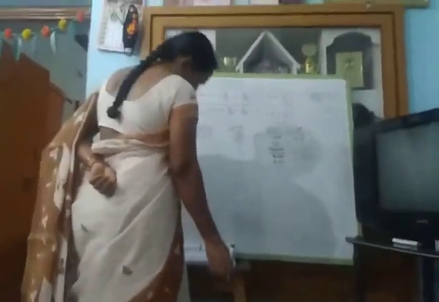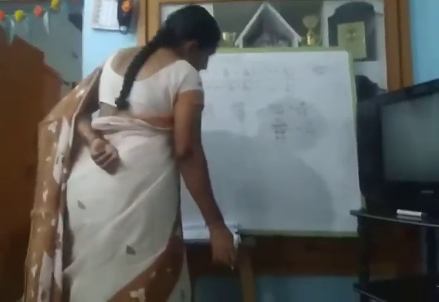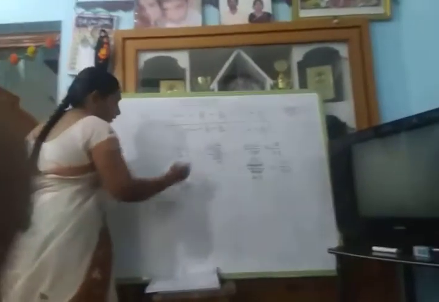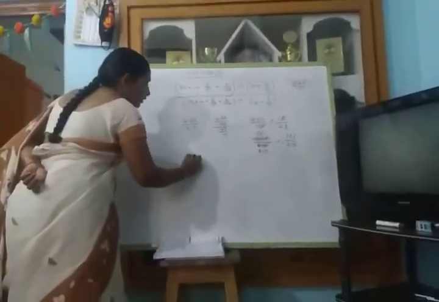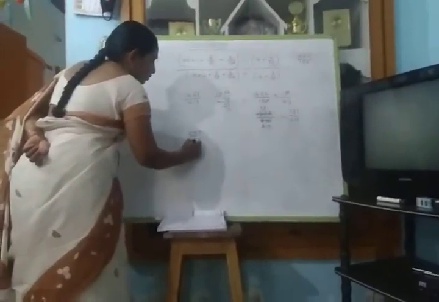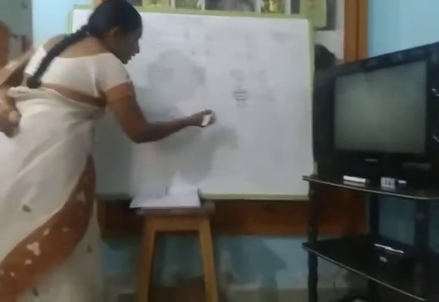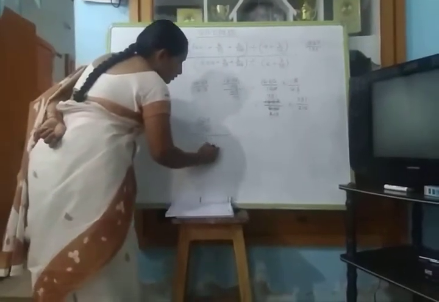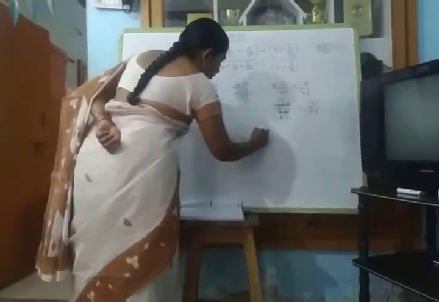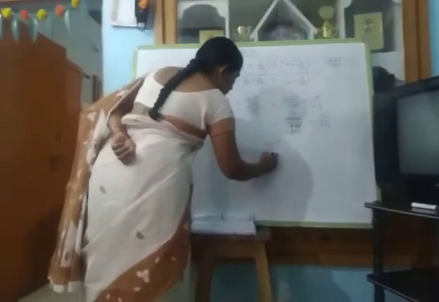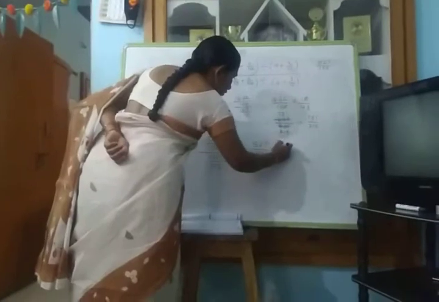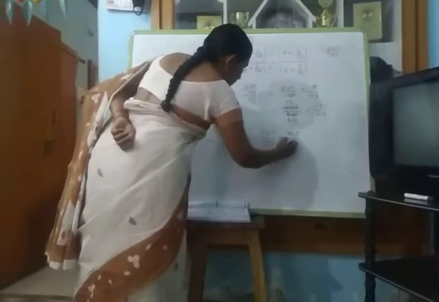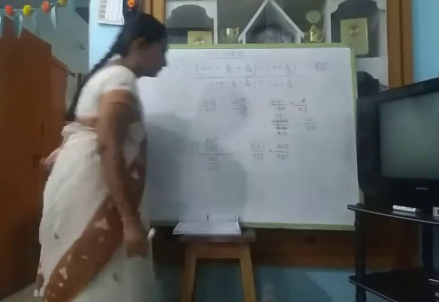Now see here. The numerator we get is 527 by 155, and the denominator 731 by 215. So the answer is 527 by 155 into 215 by the reciprocal 731.